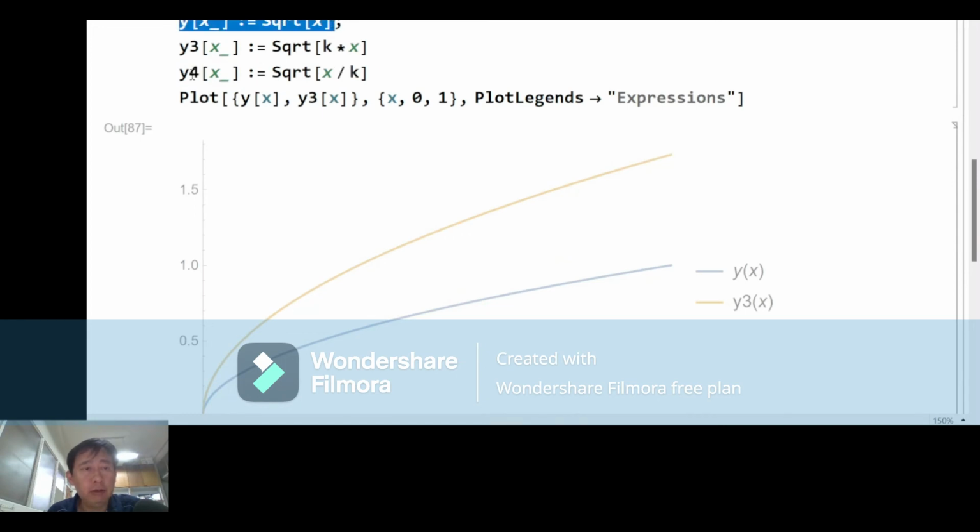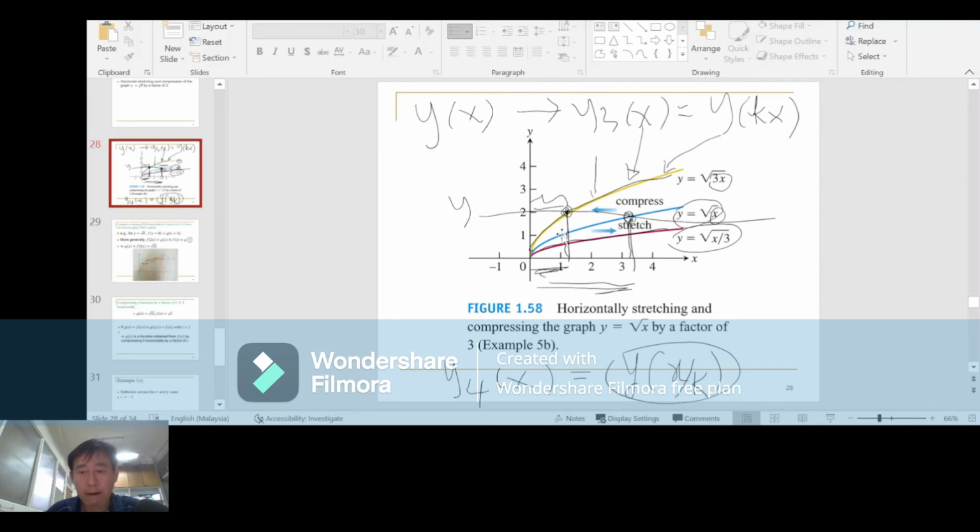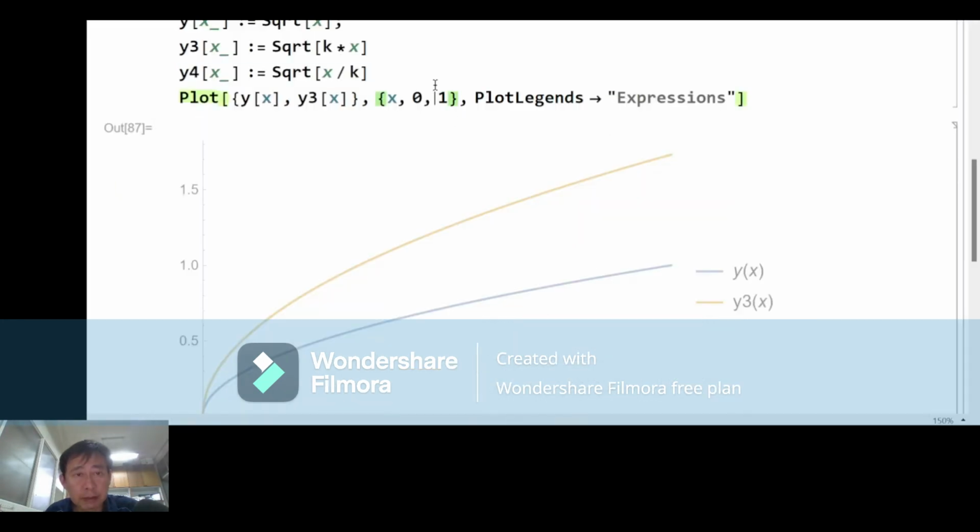So the function y4 should be this one, the red color function, which is lying on the right hand side of the original function. So I'm going to press my button and plot the function y4 and see whether this is correct.